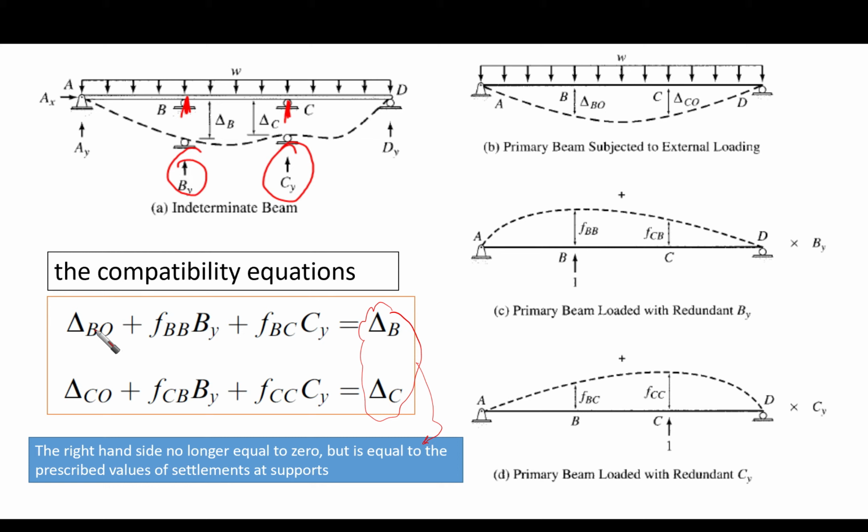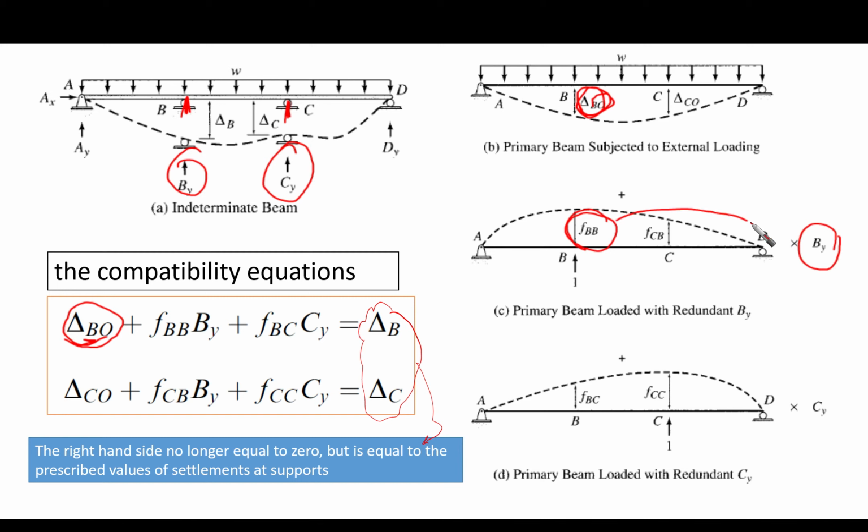We are going to say that the displacement due to external loading at point B on the primary beam, which is this one here, is going to be plus the flexibility coefficient at point B due to the redundant BY.